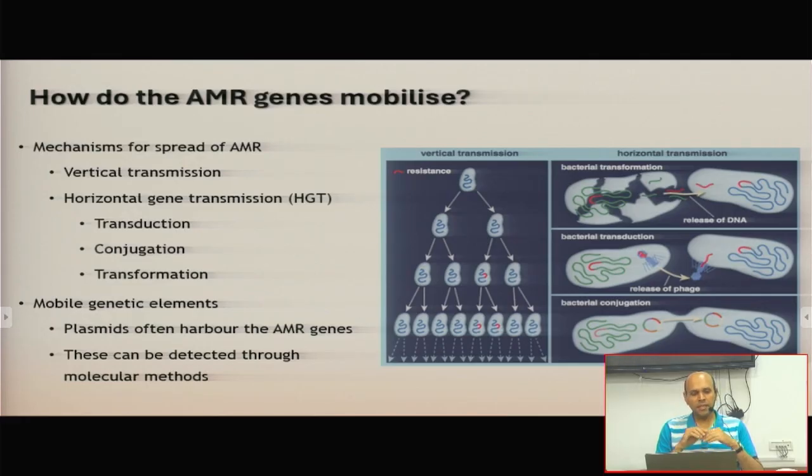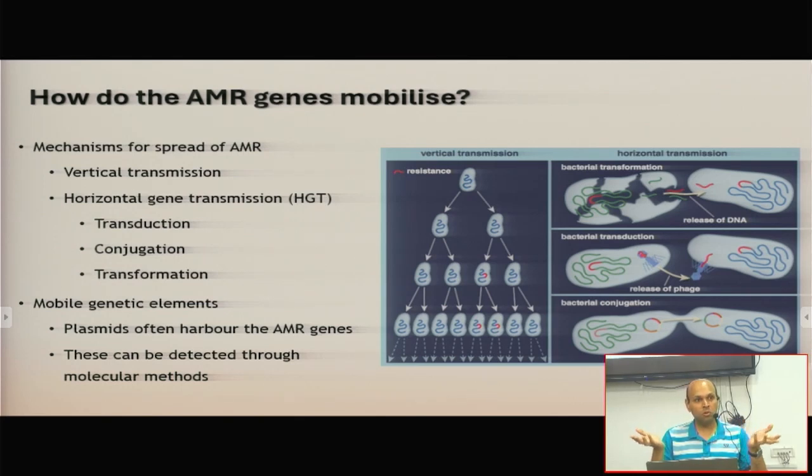And then obviously we have got the mobile genetic elements. We have got the plasmids that I have already highlighted, which can pass through conjugation, and often harbor AMR genes. They can also harbor heavy metal resistance genes, especially for people who are doing wastewater work now. People already know lots of resistance genes, such as cadmium resistance, mercury resistance, and others.